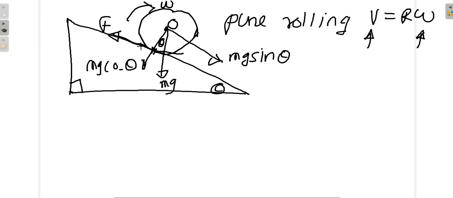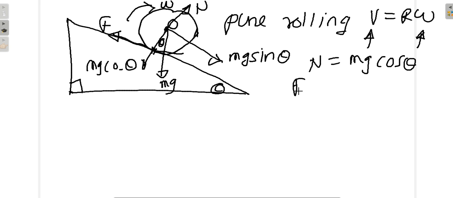Now the basic principles of friction and all you already know, that force is mu into R. Here the normal reaction N acting in the upward direction balances mg cos theta. So you have N is equal to mg cos theta. The force of friction is mu into N. So the force of friction will be mu into mg into cos theta.